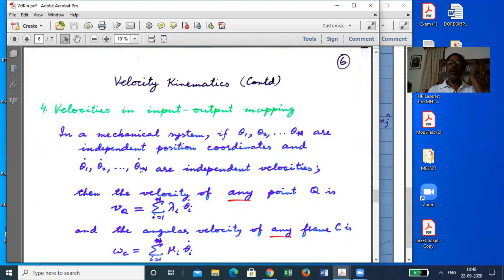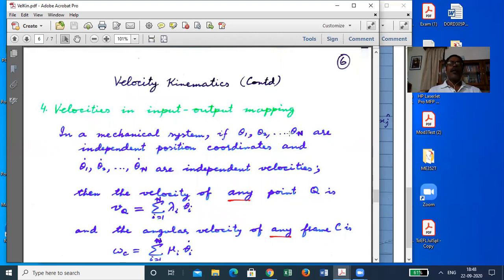That makes sense because if these are the independent position coordinates, then the position of any point is a function of these. So f of these things, the way we described at the end of position kinematics.